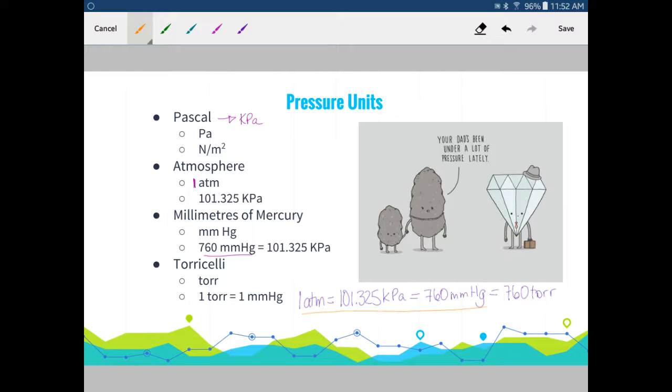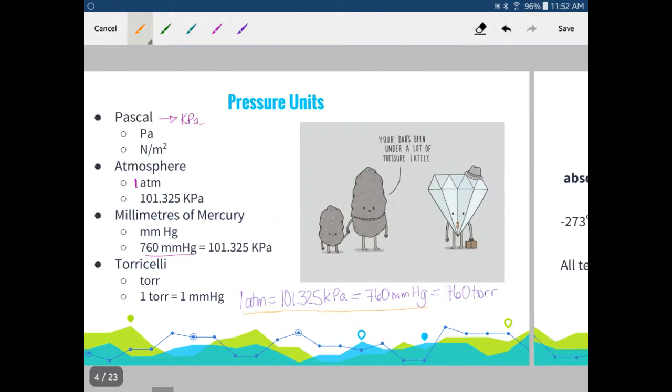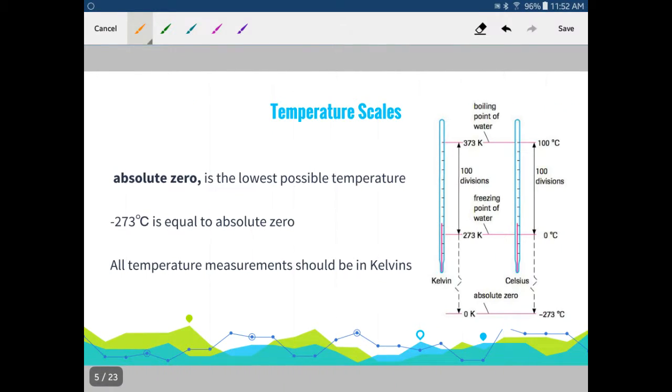So another unit that we need to convert is actually our degrees Celsius. So we have a couple different temperature scales. We have our degrees Celsius, like I've mentioned, and we also have our kelvins. Okay, our kelvins is the more scientific temperature scale. Now that is because it's an absolute temperature scale.